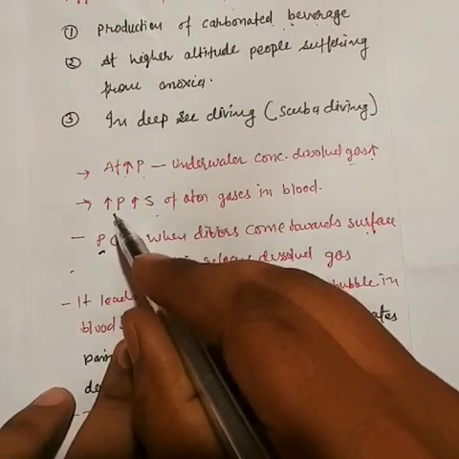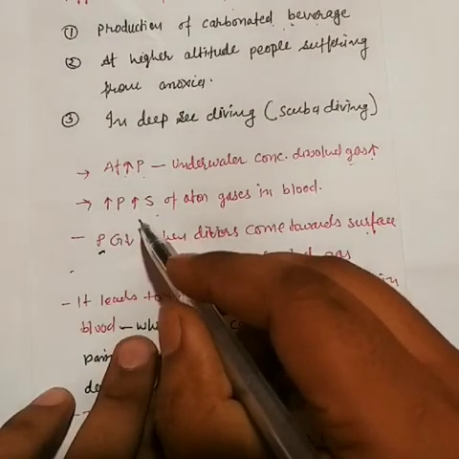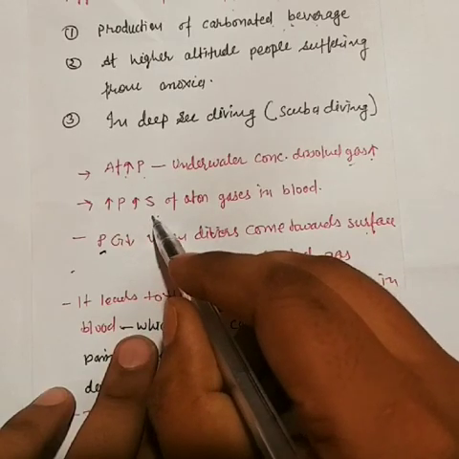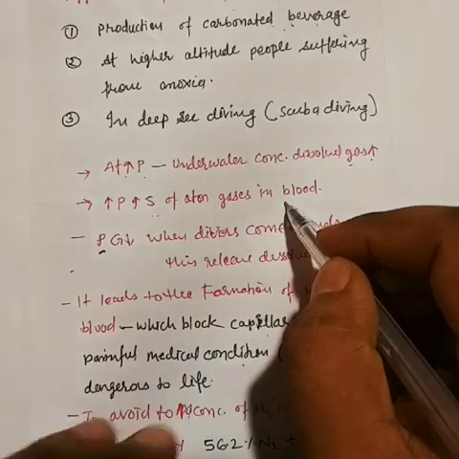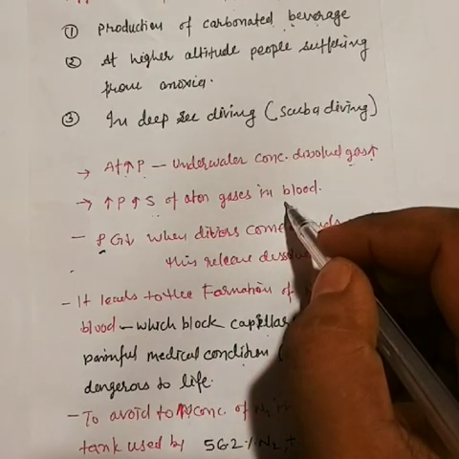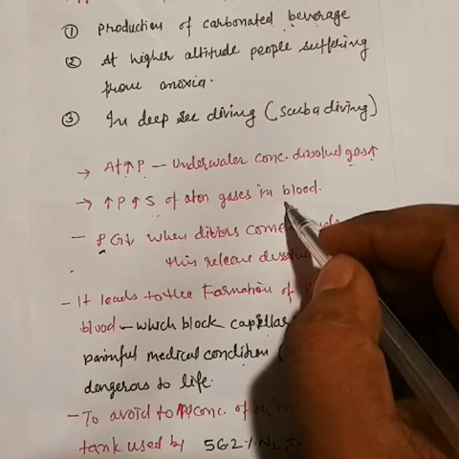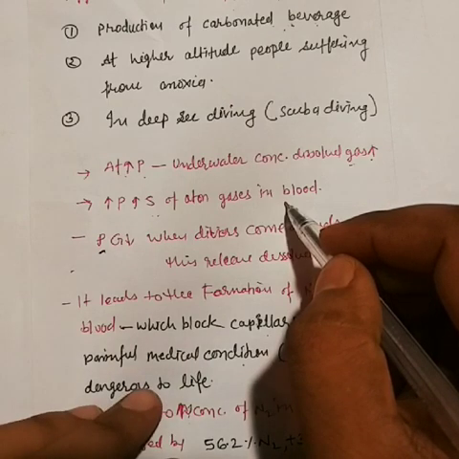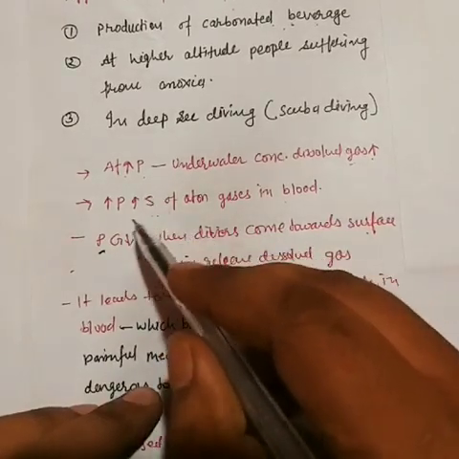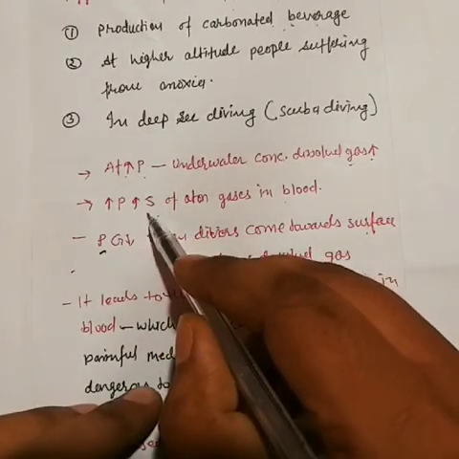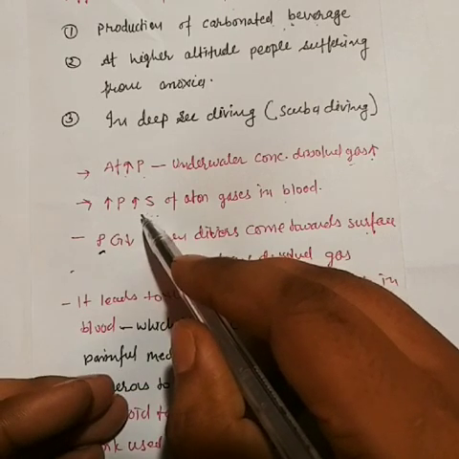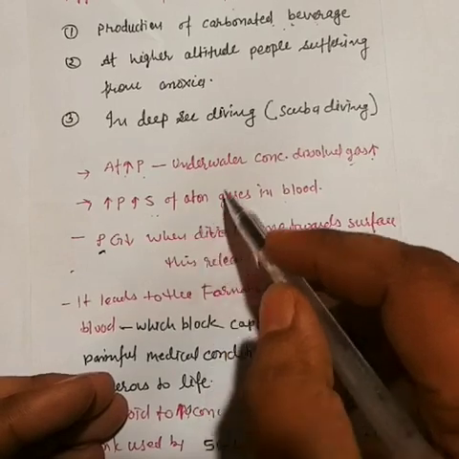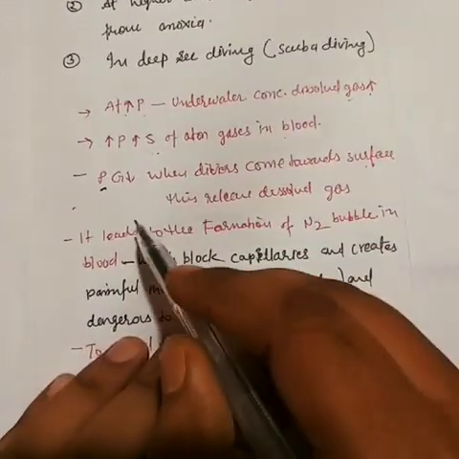Whenever we increase the pressure, as we know, the solubility of atmospheric gases in blood will also increase. So that means as the diver, the scuba diver, moves deeper inside the water, the gaseous solubility also increases. And as this gaseous substance increases in the blood, that means it dissolves easily.